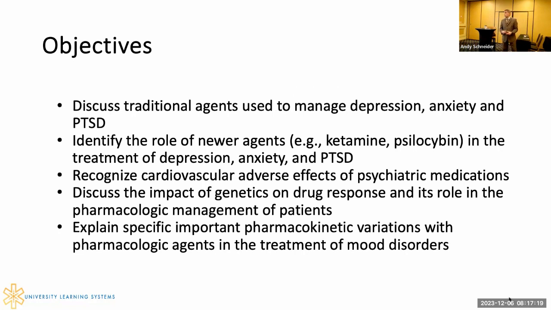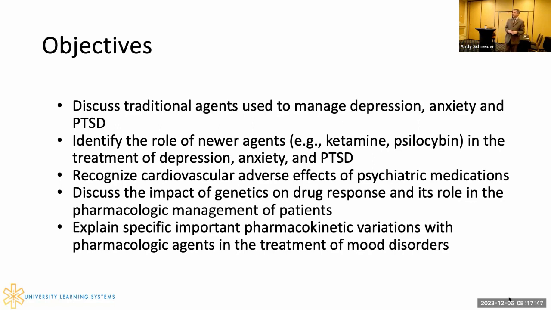So the objectives: we're going to review some of the traditional agents to manage psychiatric disorders, more of a review. I usually like to have this because it sets the tone for some of the newer medications and how they relate to the future of psychiatry, or their proposed mechanism of how they may be better, sometimes and sometimes not, than the traditional medicines.